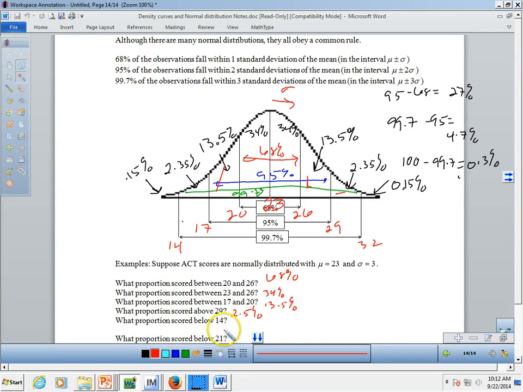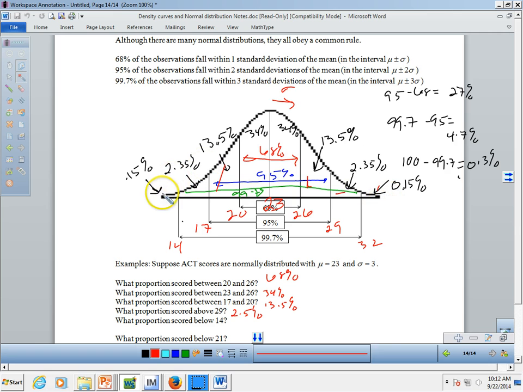What proportion scored below a 14? Well, 14's over here. Below a 14 puts me all the way out in this tail, so we're outside of 3 standard deviations. If we were inside of 3 standard deviations, we'd be at 99.7%, but we're outside. And so outside 3 standard deviations is 100 minus 99.7, which is 0.3%.